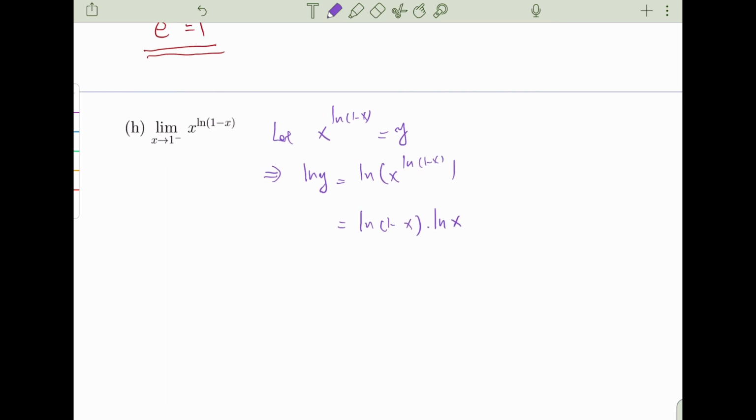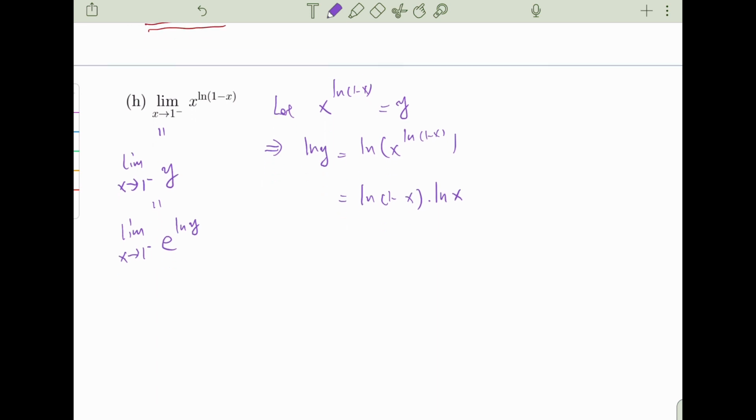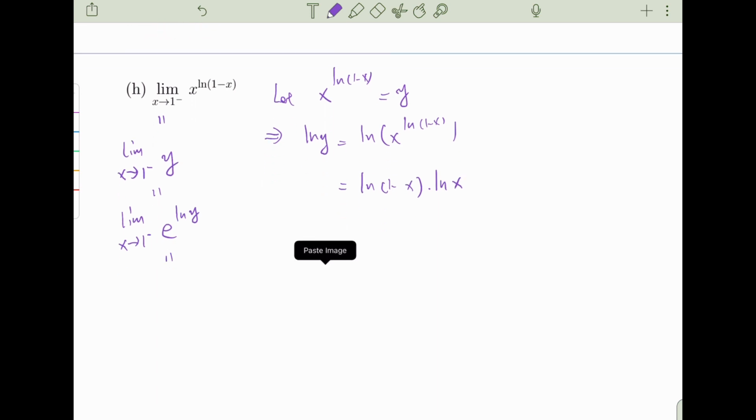Right? And then this is limit x goes to 1 minus of y, right? Then I can write this as limit x goes to 1 minus of e to the ln y. And now move the limit to the top, to the exponent. And now we're going to find the limit of ln y instead.